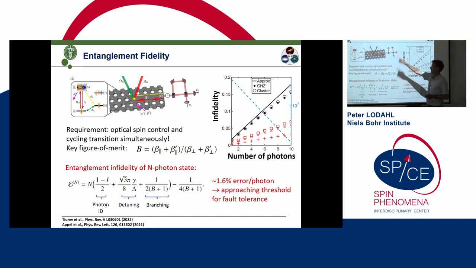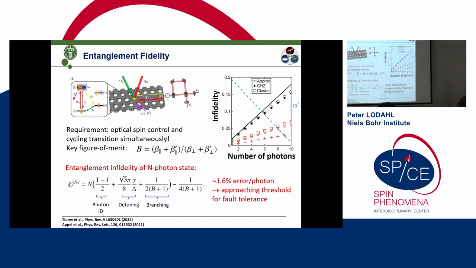It turns out that in photonic crystal waveguides you naturally have this asymmetry between the transversely polarized transition, which would be that transition, and a transition like that along the waveguide, which would be this transition. The asymmetry of the waveguide naturally gives a large branching ratio, which is the key parameter in the infidelity.